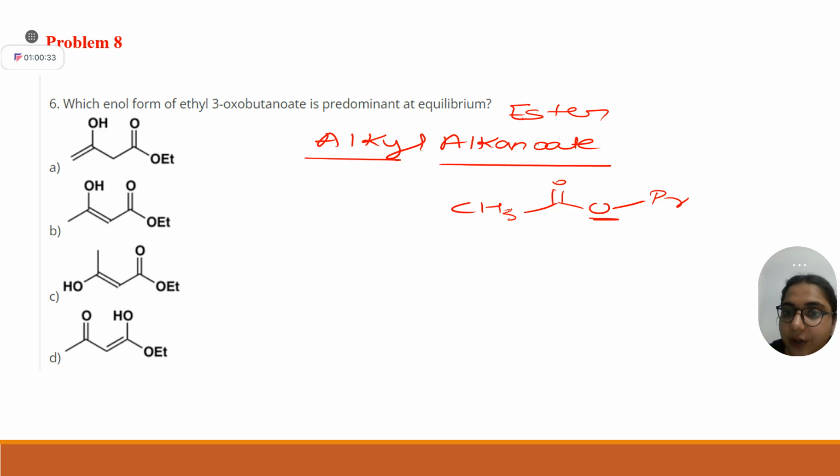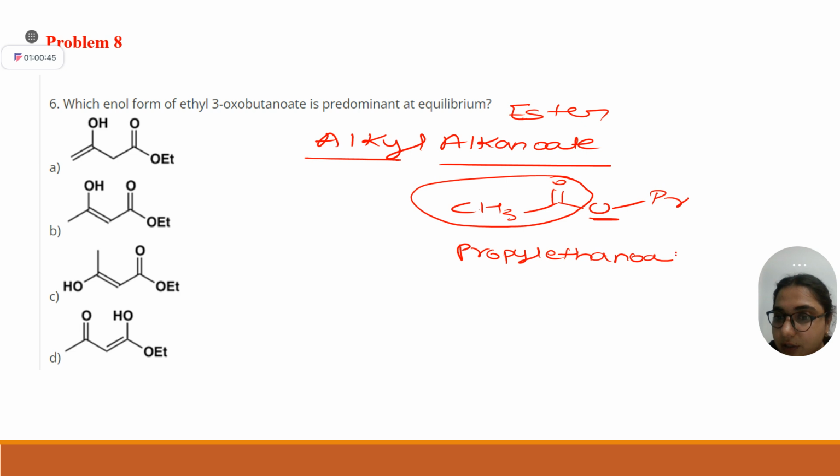Propyl alkanoate: the carbon chain is the parent chain. So one, two carbons, so ethanoate. Its nomenclature will be propyl ethanoate. I hope you are clear with the nomenclature. In the longest chain, including the functional group, that chain has only two carbons. Therefore, propyl ethanoate. Clear?